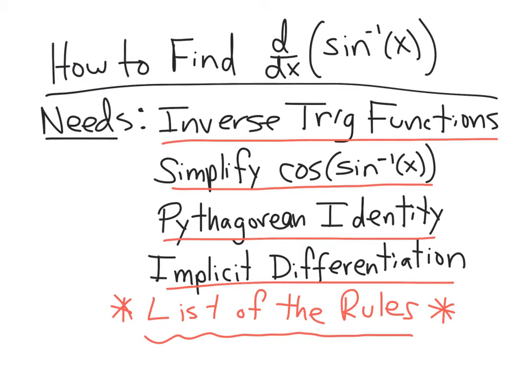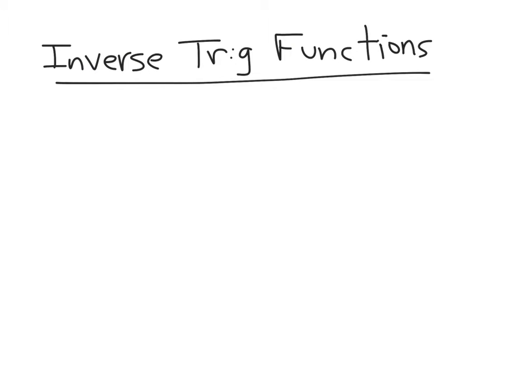So here we go. Starting with some information about inverse trig functions themselves, it's important to really understand what they are and what they do. So one thing is that if you do the inverse sine of sine of x, then you're going to get x back out. So you're basically doing sine of x first, and then you're undoing that sine function.